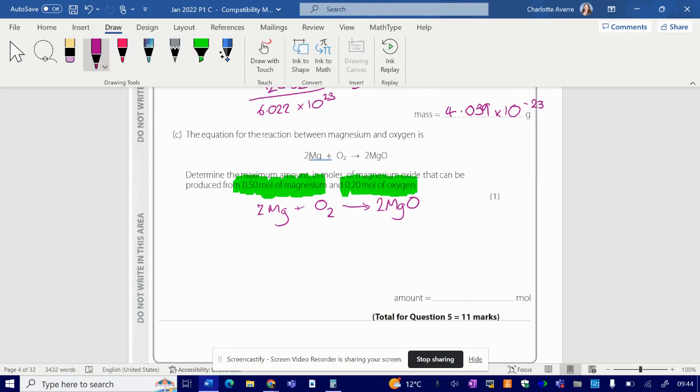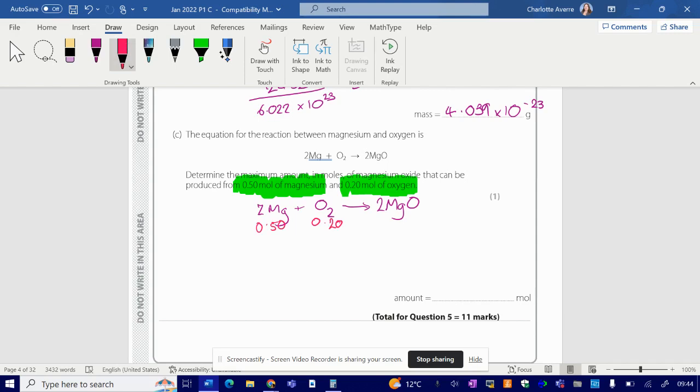So the first thing that you have to do is you have to work out which of your 2 reagents is your limiting reagent or your limiting reactant, because that is going to control how much product you make. Okay, there are multiple ways you can do this. I'm going to go through the most step-by-step method.